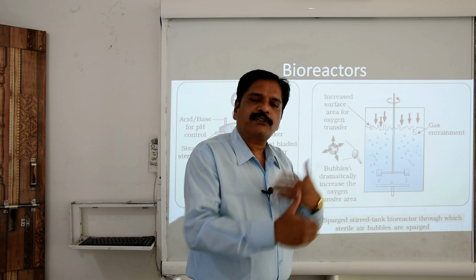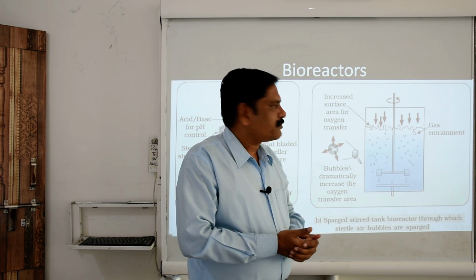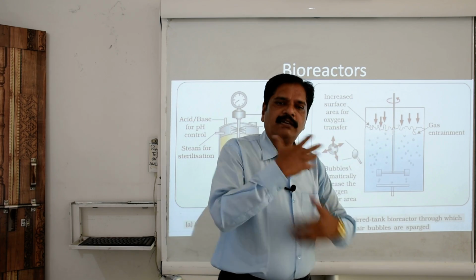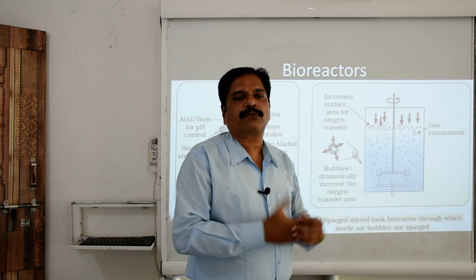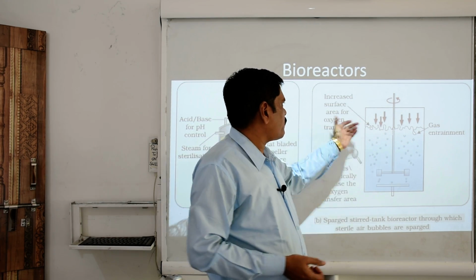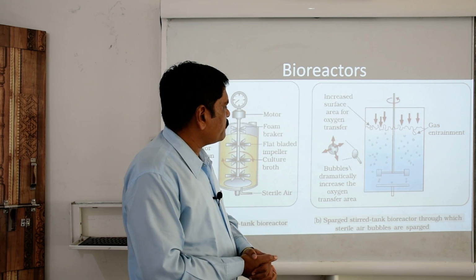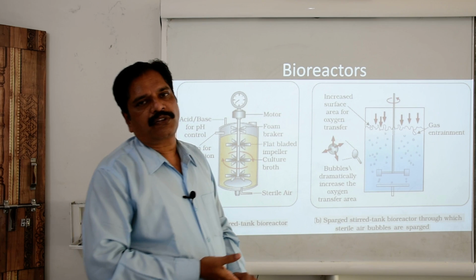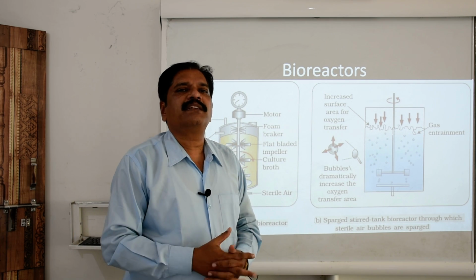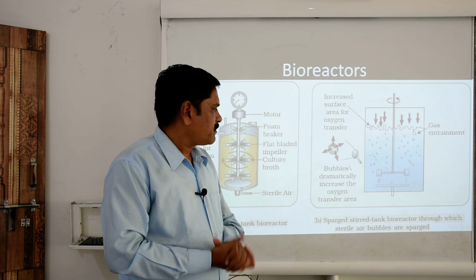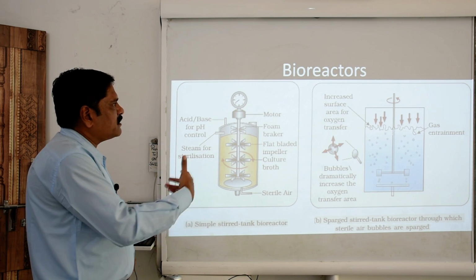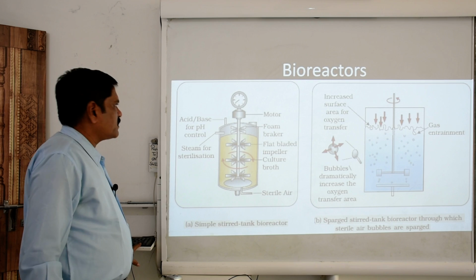This rotor is responsible to shuffle or churn the contents. So the continuous movement of this is responsible to increase the surface area for the oxygen transfer, and this increased surface area for oxygen transfer always keeps the cells active to react and multiply there, clear. And that's why these two reactors are there, remember these two, okay.